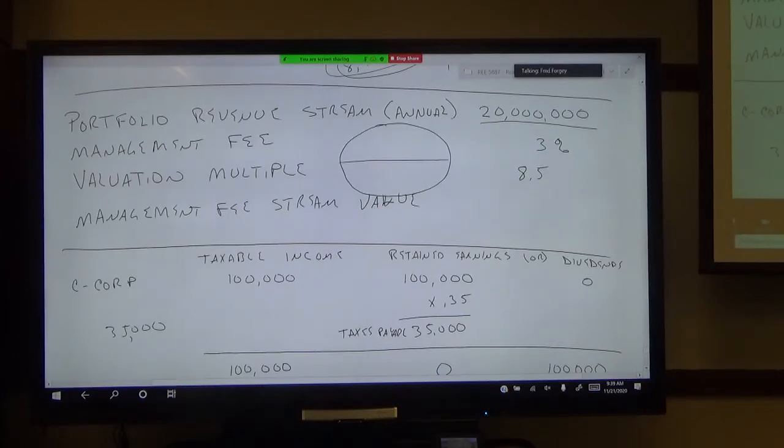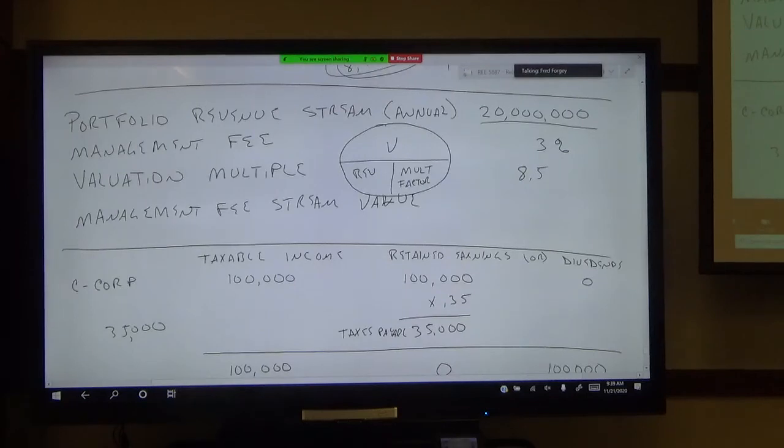If we've got the overall value, we've got the income or the revenue, and then here we've got the multiple, which can also be called a factor.